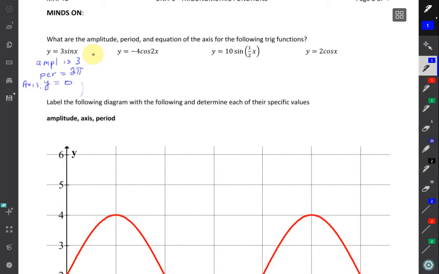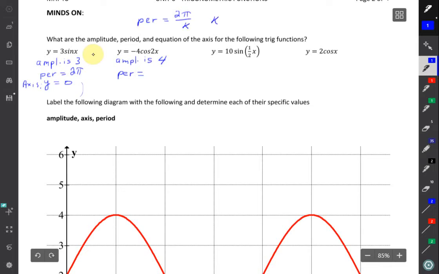So looking at this function here, y equals minus 4 cos 2x, the amplitude is 4, not minus 4, right, because it's just a positive value. The period, now this is a good time to remind you that the period is equal to the period of a parent function, which now we're talking about 2 pi as opposed to saying 360 degrees divided by k.